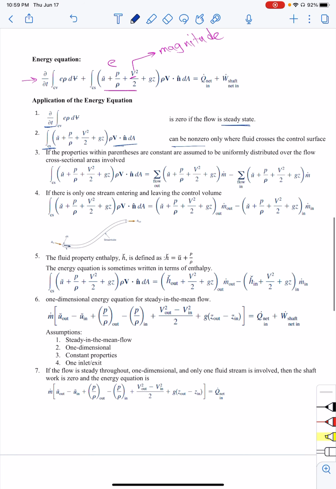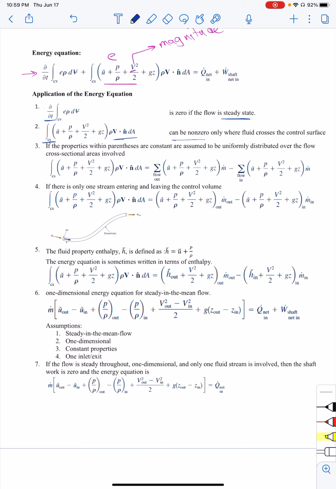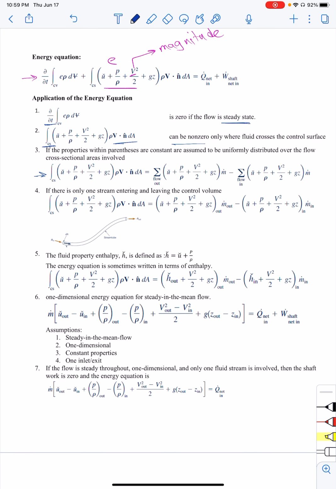And then also this equation here that we have, if we consider uniform velocity, we know that we can just take it out of the integral, so we can have this formula.